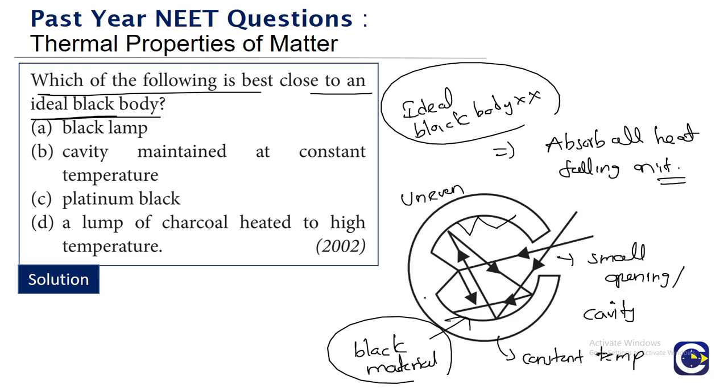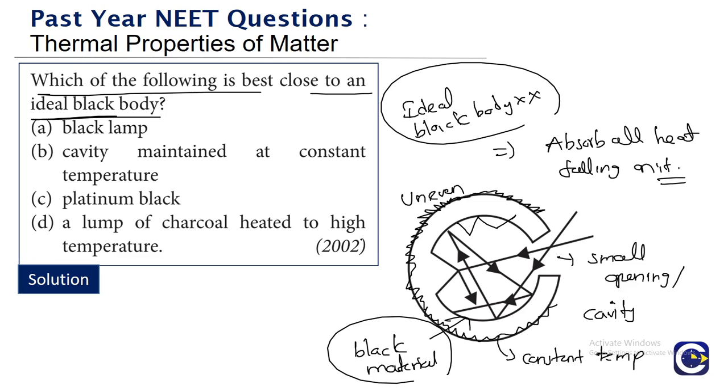Under these conditions, we can think of it as a black body, where it will only absorb whatever radiation goes in. Outside of this has to be insulated, so that there will be no heat loss. So this is the idea of an approximate black body.